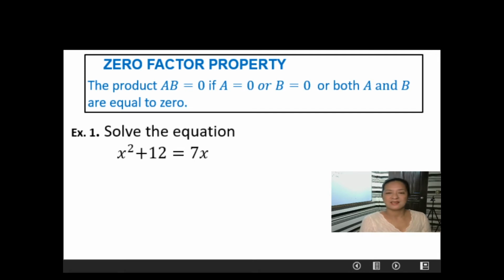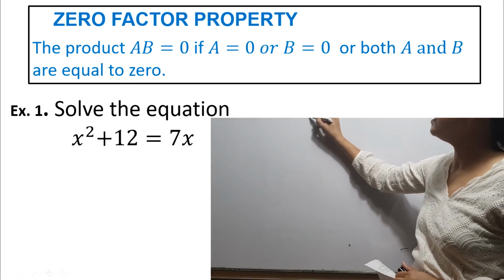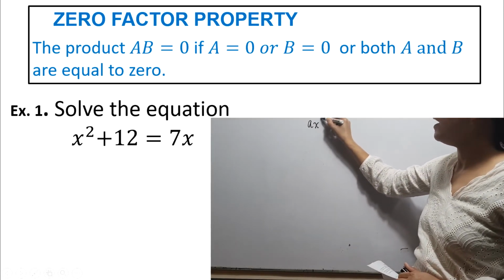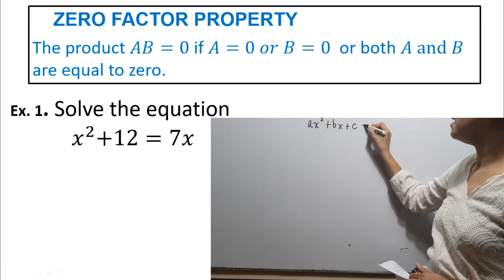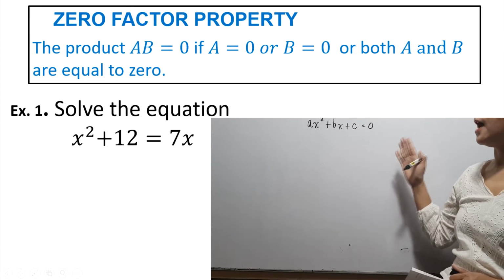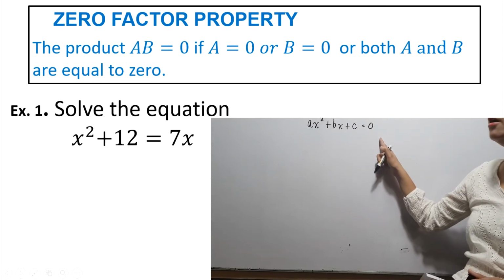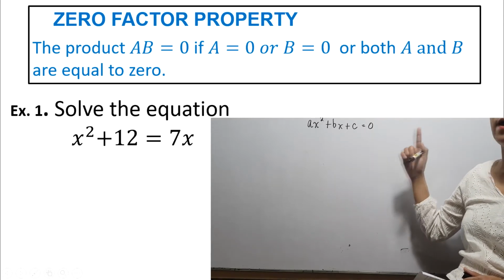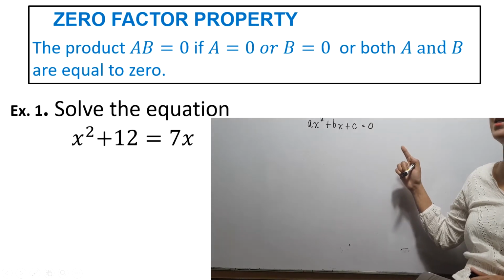Solve the equation x squared plus 12 equals 7x. Okay, so we need to write the given equation first to the form of ax squared plus bx plus c equals 0. Now, since the right side is 7x, so kailangan maging 0 yung right side, no? So therefore, we have to apply APE para maging 0 siya, addition property of equality.